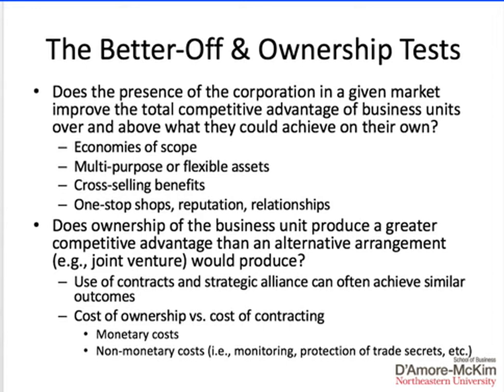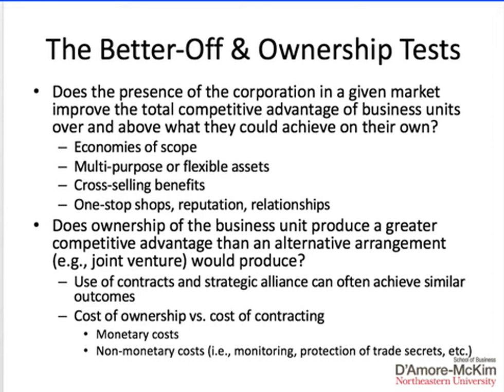Assuming the better off test is passed, we now consider the ownership test. And here, again, the idea is, do we need to own the business unit in that industry to gain those better off benefits? Or can we use contracts or alliances and achieve the similar outcomes? And again, here we're comparing the cost of ownership versus the cost of contracting.